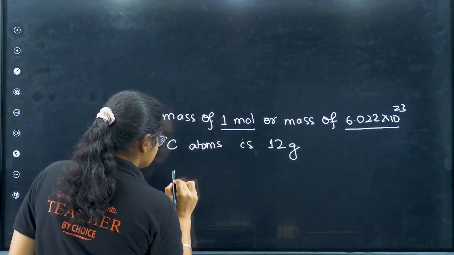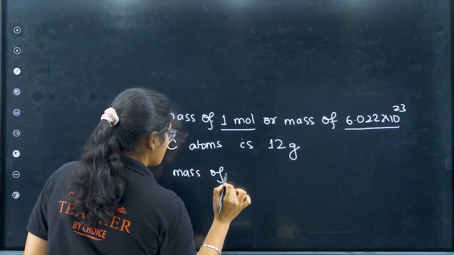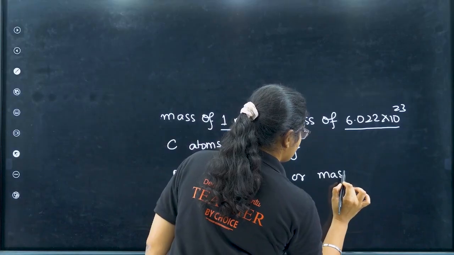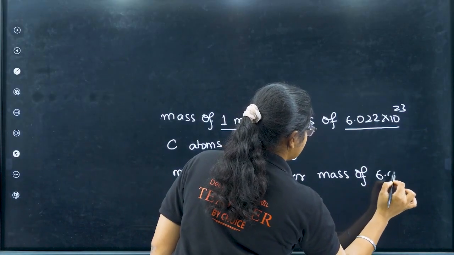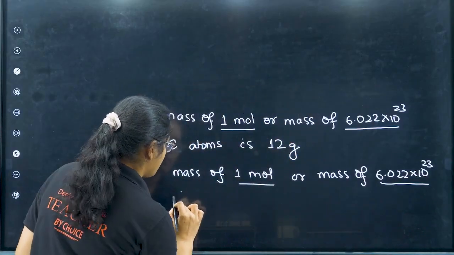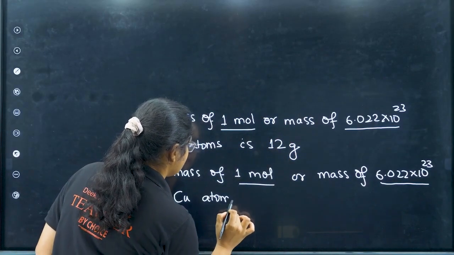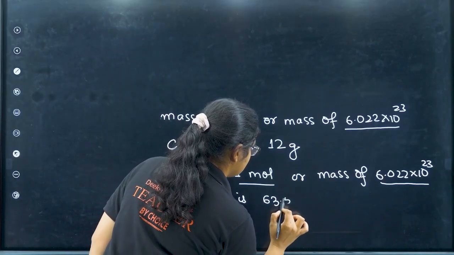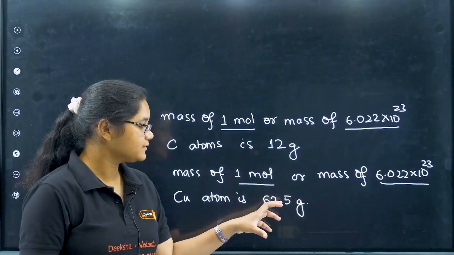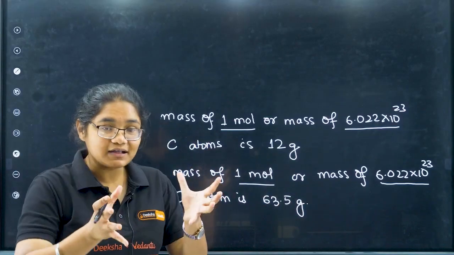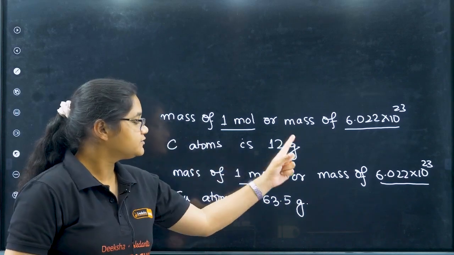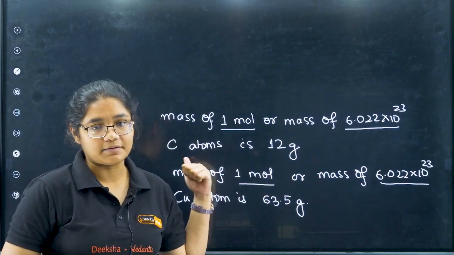Now you have also copper, mass of 1 mole, or mass of 6.022 into 10 to the power of 23 copper atoms is 63.5 gram. Are you getting this? This 63.5 gram is the molar mass of copper. Similarly, this 12 gram is the molar mass of carbon, right?